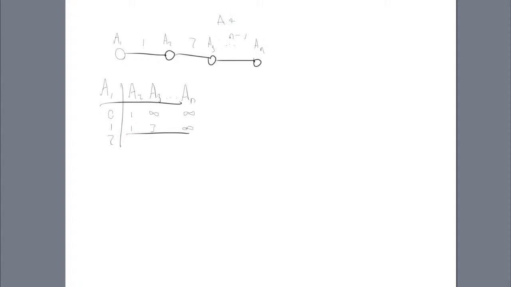In that iteration, A2 found out about A4. So now A2 can tell A1 about A4. The cost from A2 to A4 is 5, 2 plus 3. And then the cost from A1 to A2 is 1. So A4 would be 6, right? So you can see where this is going. 1, 3, there'd be a 6 here, and then infinity.